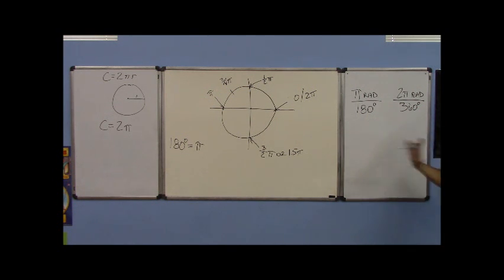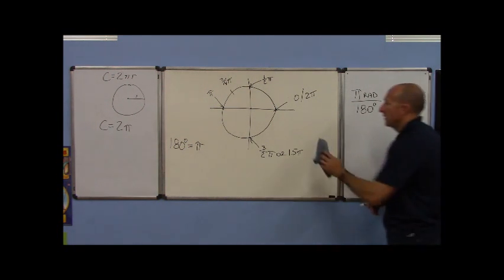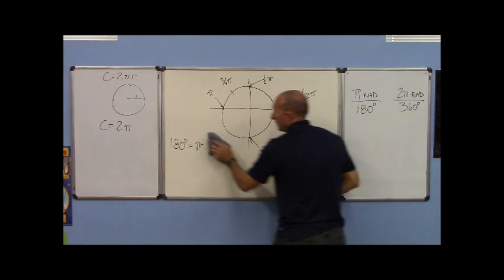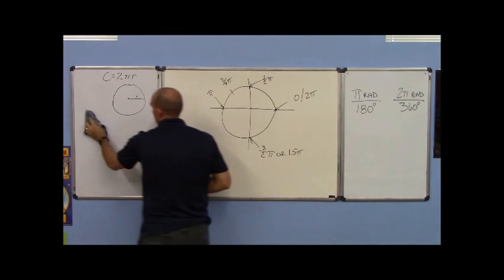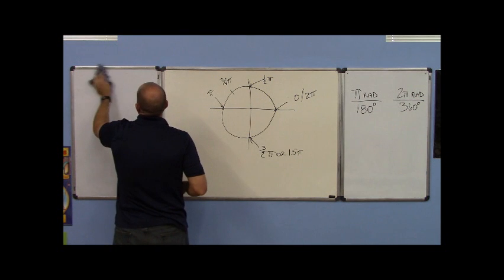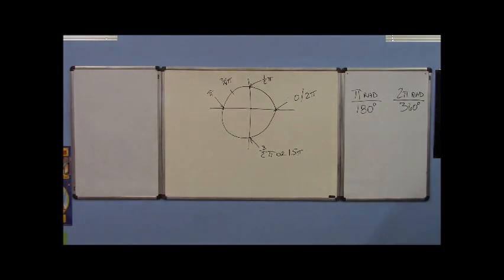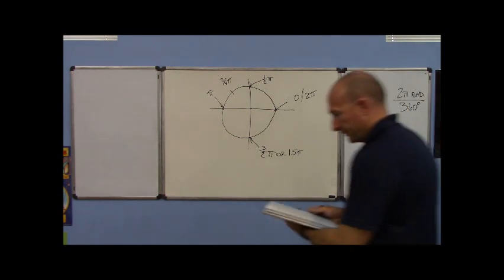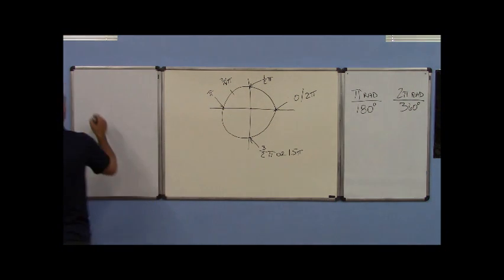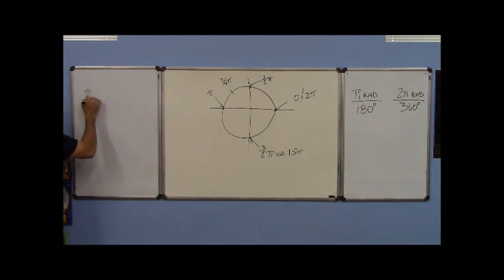So then we can use this ratio to figure out missing information if we want to translate or change something over. For instance, we are given pi over 2. Change this to degrees.